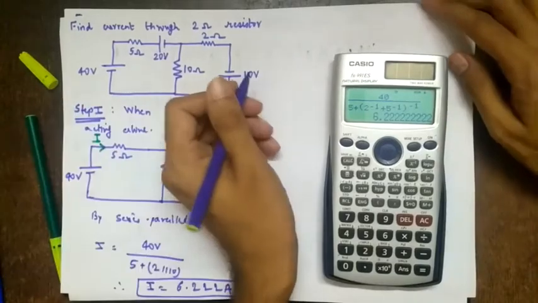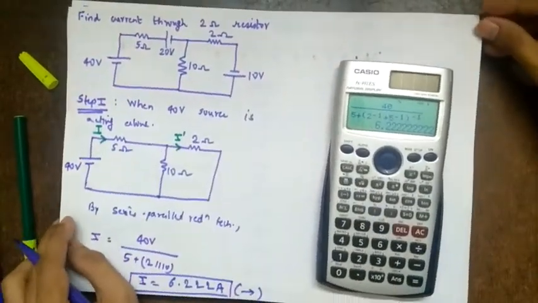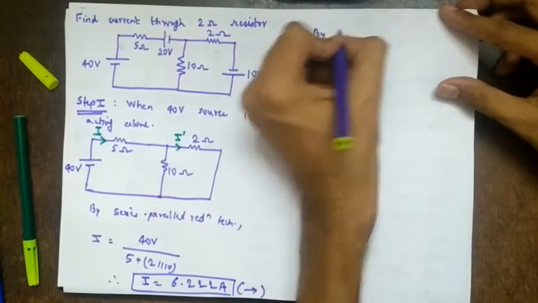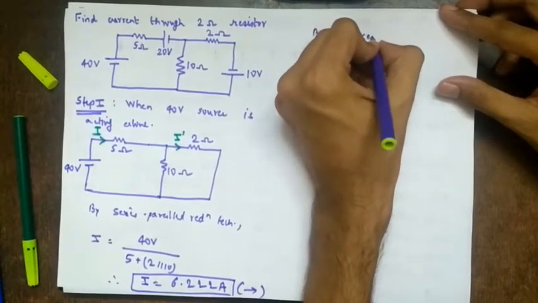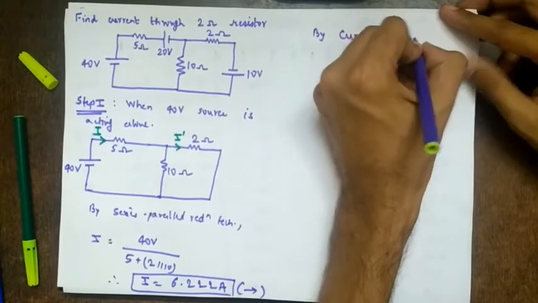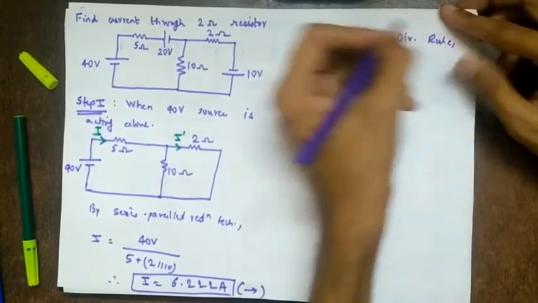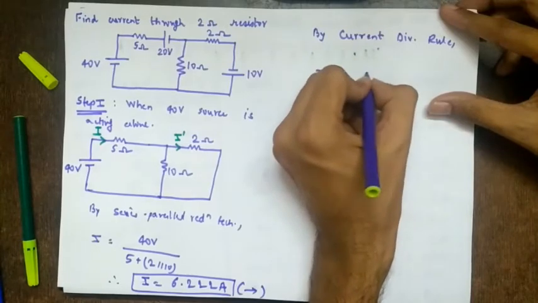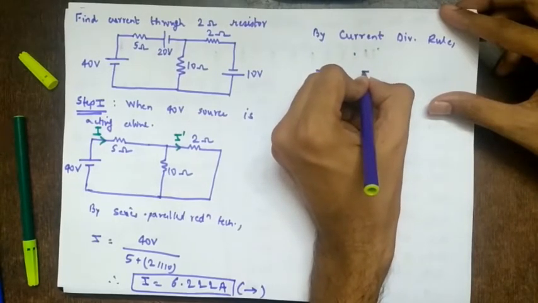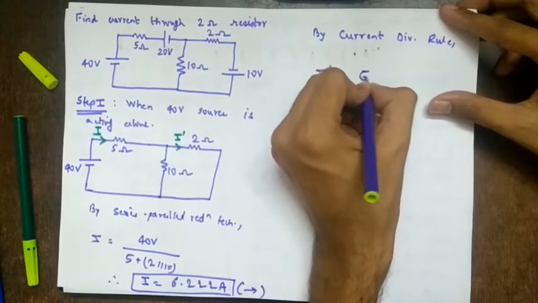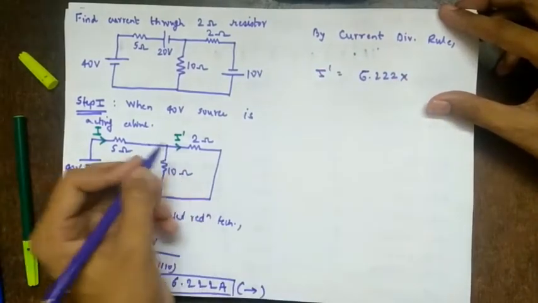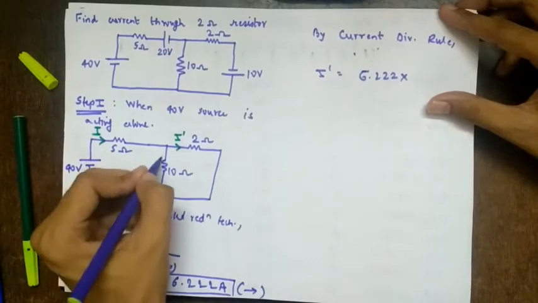So what will be the current I prime? We can find using current division rule. So by current division rule, what will be I prime? It will be total current I, which we have found out 6.222, into parallel resistance. We are finding the current through 2 ohms, so parallel resistance is 10 ohms.